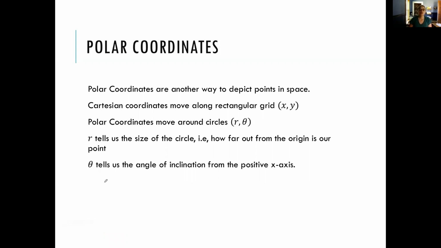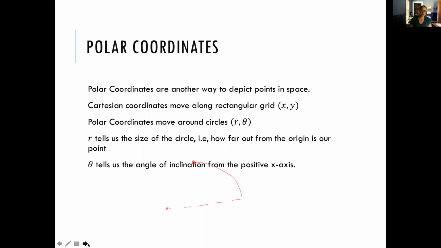So we go out a certain distance, but then our angle theta tells us that we rotate that distance at some angle of inclination, and that is where we put our point.